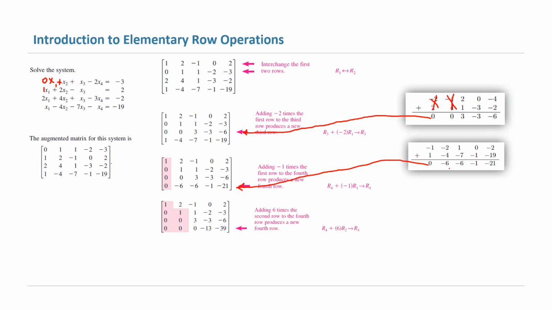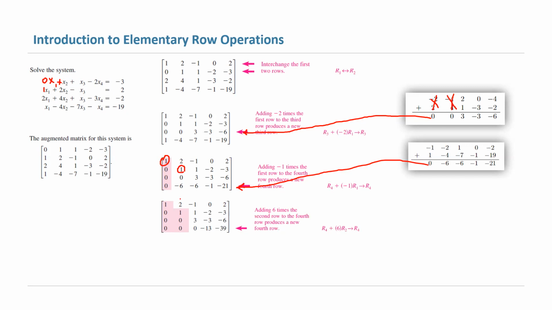Okay. So far, we created 1, and below 1, we have 0 entries. We're happy here. We're going to jump into the second column. Take a look at the second column. I have a 1 here, which is nice. But below 1, I need to have zeros. And if I can make the entry above 1, the 2, become 0, it would be much nicer.